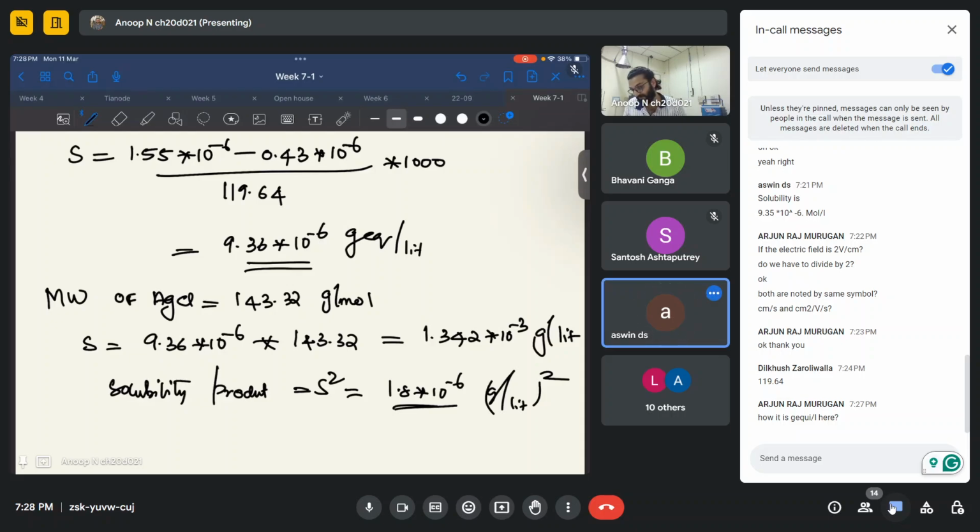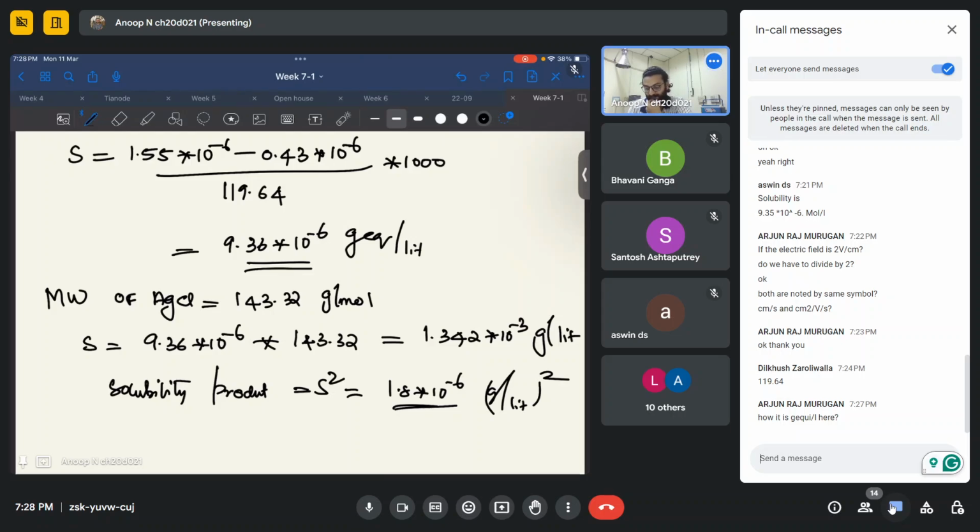Ashwin was asking how it is gram equivalent per liter here. Because we have multiplied by 1000, we are converting that centimeter cube. The units were in centimeter cube. So we multiplied it, and the lambda 0 of AgCl is coming in Siemens centimeter squared per gram equivalent, so it will directly come like that. The 1000 is actually a conversion factor. Mole per liter is the unit for molarity, so for converting that, we are using that 1000.